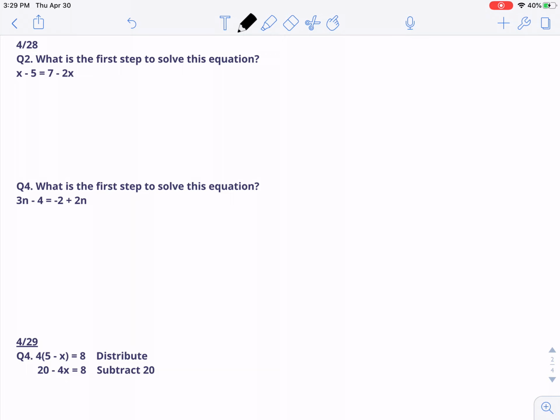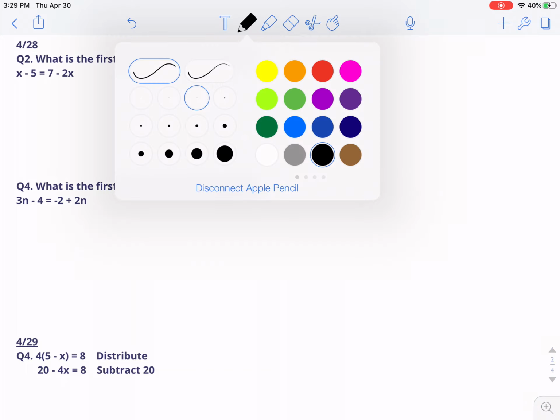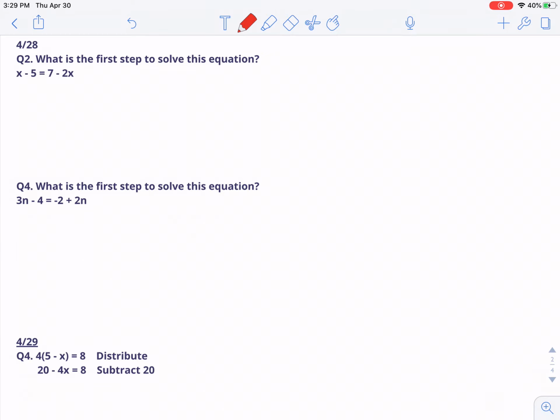Okay, so let's review this first one. When I think about solving these, I know that my first step includes some sort of inverse operation. All right, so when I think about operations, I also know if I were to solve an expression, PEMDAS reminds me of the order that we usually solve in.